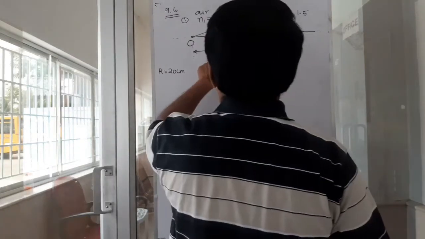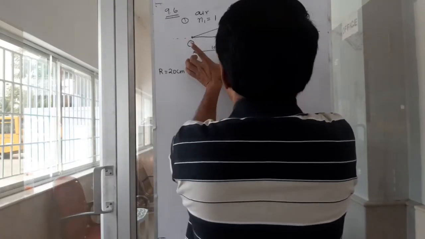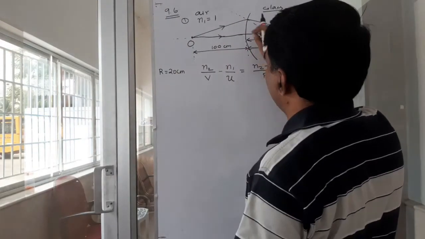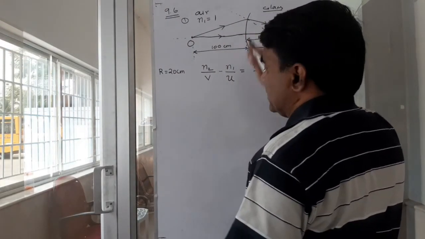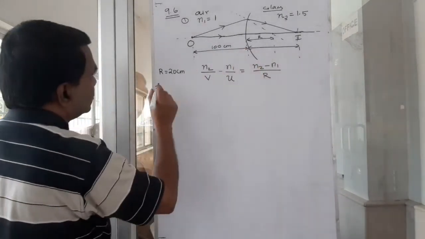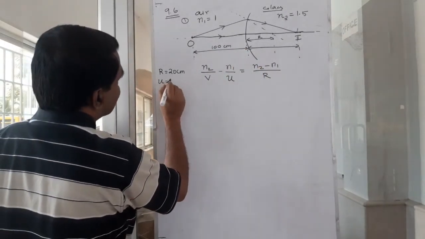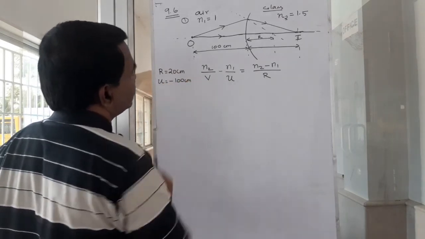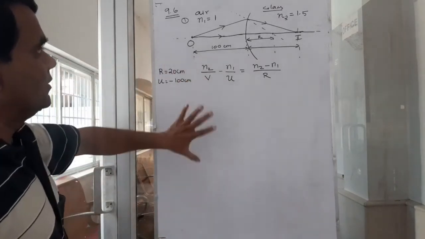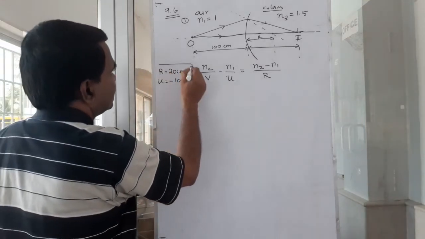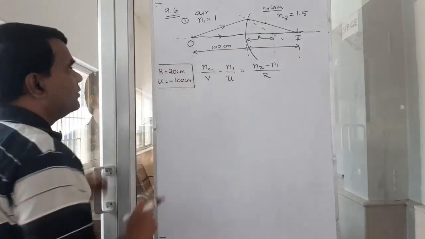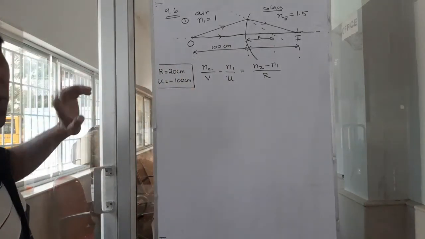And what about U? U is 100 centimeters alright, but then it is going to be measured in the direction opposite to the direction of light. This is going to be your reference point. Okay. So your U is equal to minus 100 centimeters. Okay. So that's it. This is important. Your R is plus 20 and then your U is minus 100 centimeters.